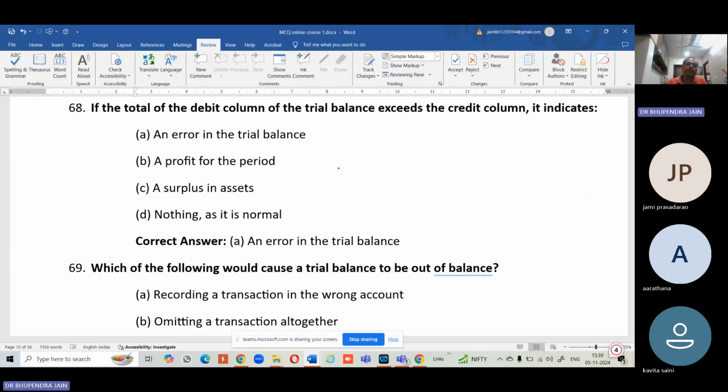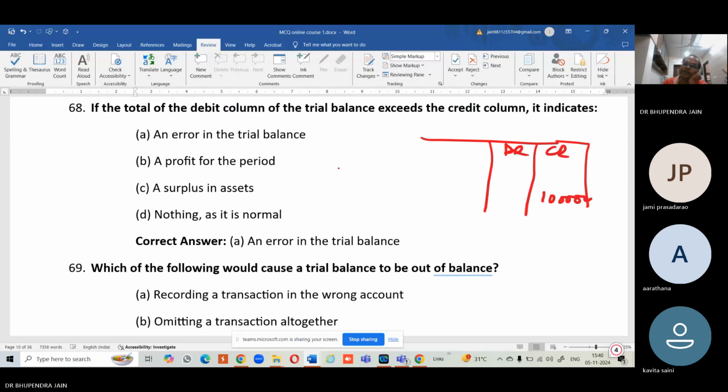If the total of the debit column of the trial balance exceeds the credit column. So this is the debit and this is the credit. This balance is 10 lakh and this balance is 9,70,000.